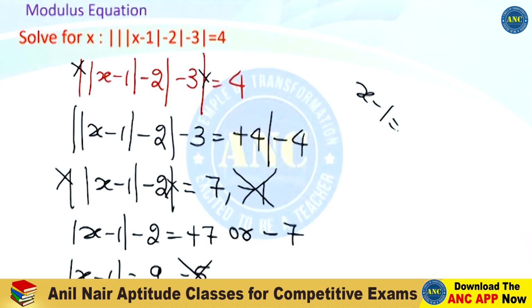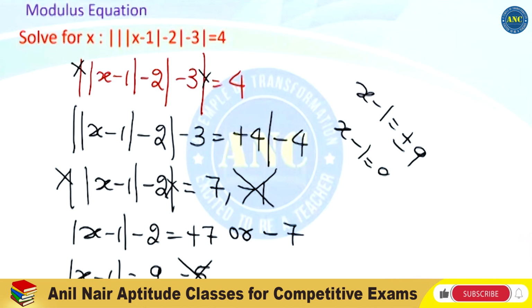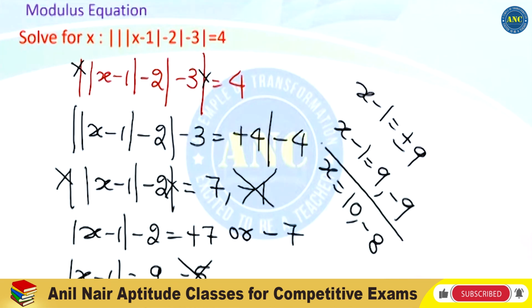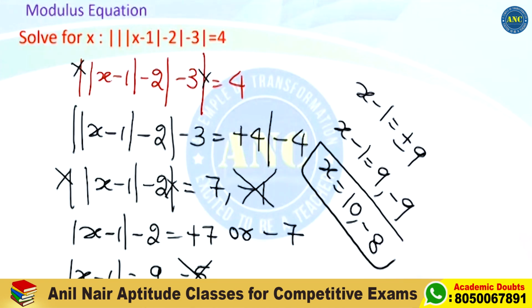So x minus 1 equivalent to plus or minus 9. X minus 1 is 9 and x minus 1 is minus 9. X is 10 and x is minus 8. 10 and minus 8 will satisfy this equation. Just cross check once. 10 minus 1 is 9, 9 minus 2 is 7, 7 minus 3 is 4. Minus 8 minus 1, mod of minus 9, 9, 9 minus 2 is 7, 7 minus 3 is 4.